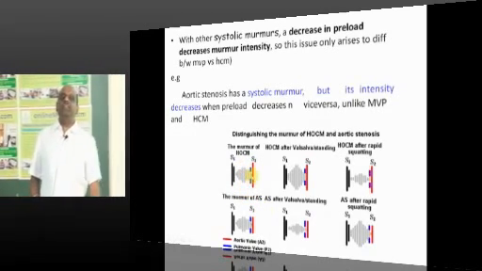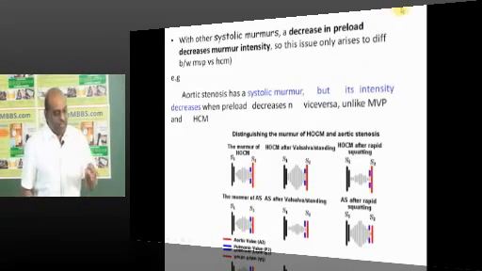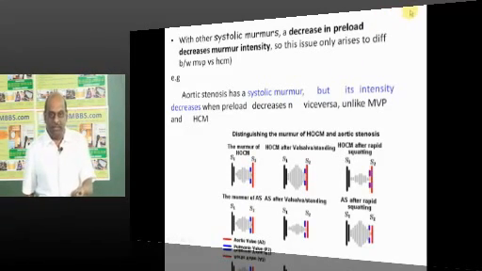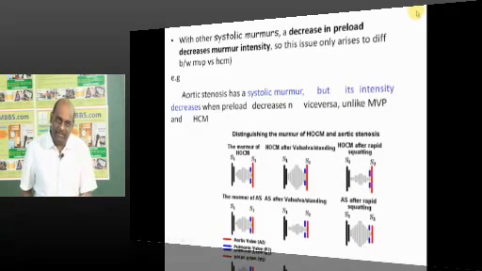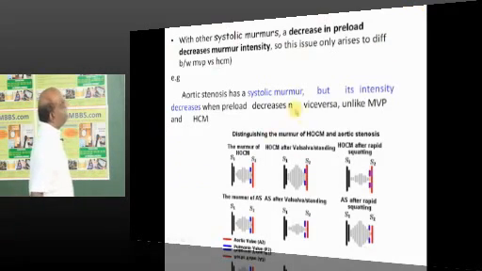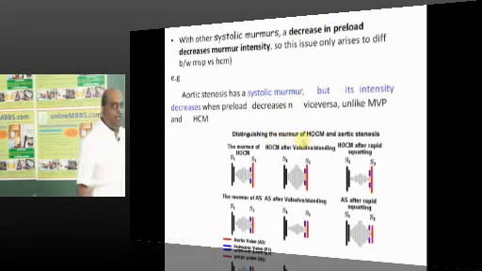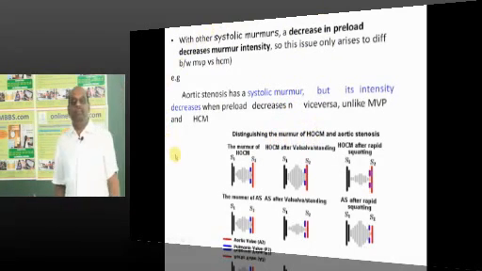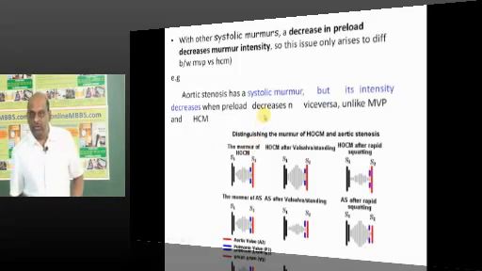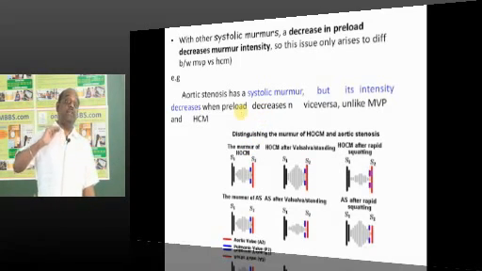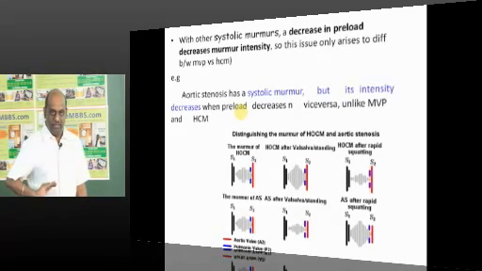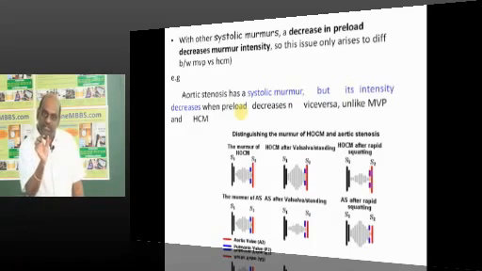there are many other causes for the systolic murmur. MR is a pansystolic murmur. Aortic stenosis is an ejection systolic murmur. But what is the effect of preload on all of them? Suppose you decrease the preload, what happens to the ejection systolic murmur of aortic stenosis? If you decrease preload, there is a decreased flow across the stenotic valve.